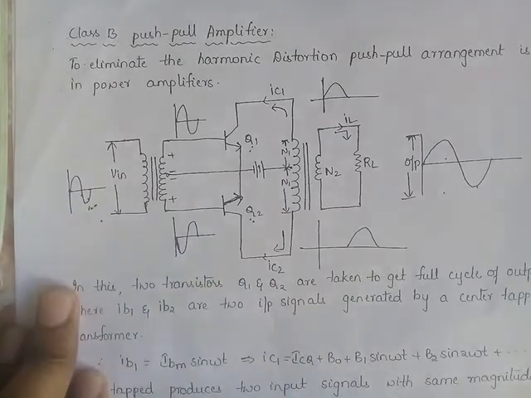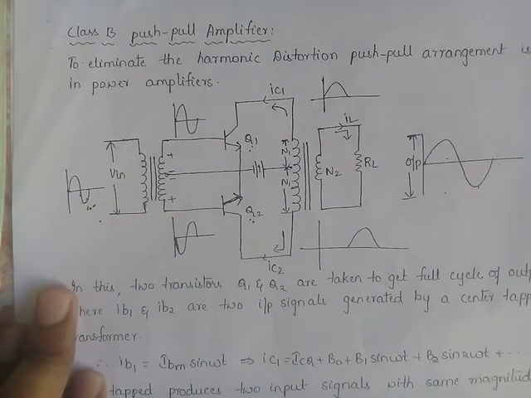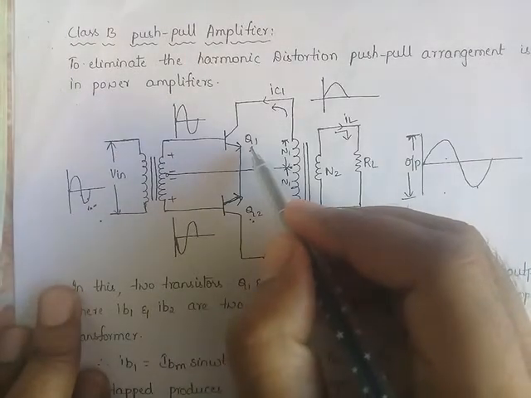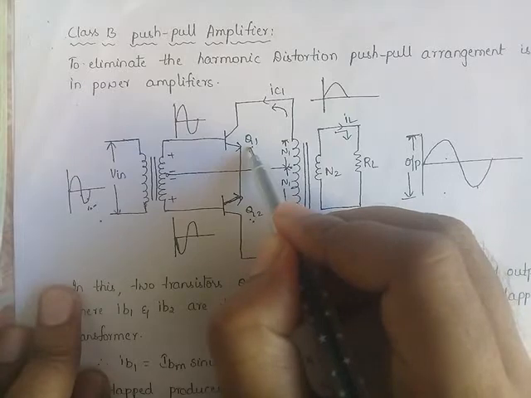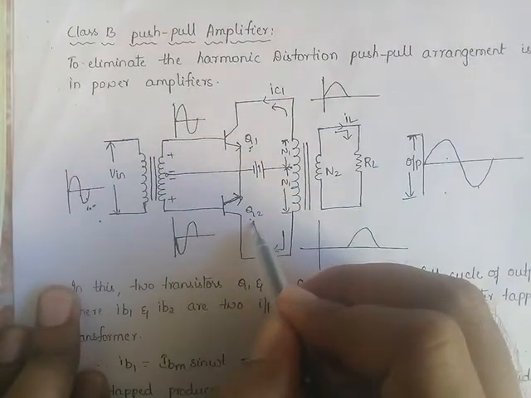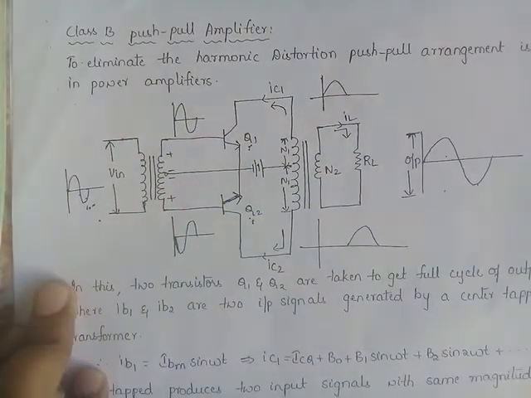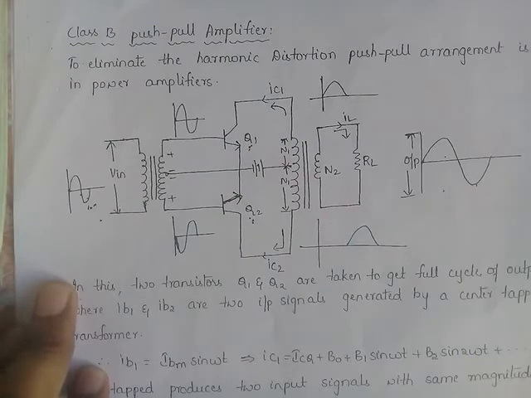So this amplifier is known as class B push pull amplifier or class AB power amplifier. Why is it known as class AB power amplifier? At a time we are taking the Q1 transistor as well as the Q2 transistor, so this total circuit is also known as the class AB power amplifier.